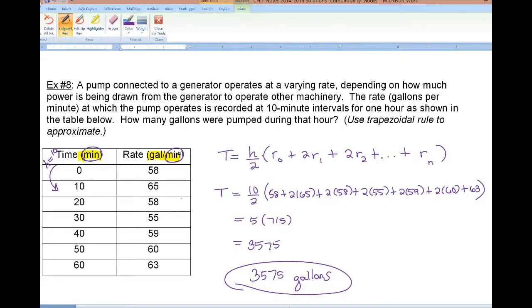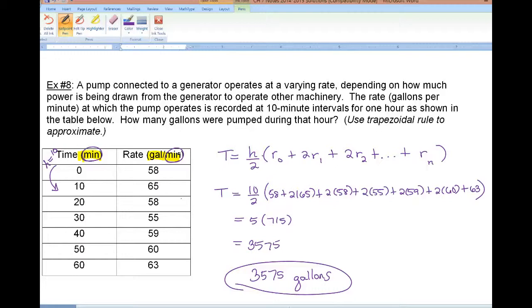But what would this look like if this was given in gallons per second? You would have to multiply by 60, because this would be gallons per second. Or what if this was gallons per minute and this was in seconds? Then you would divide by 60. Do you see that? Because you always want to get what that is.